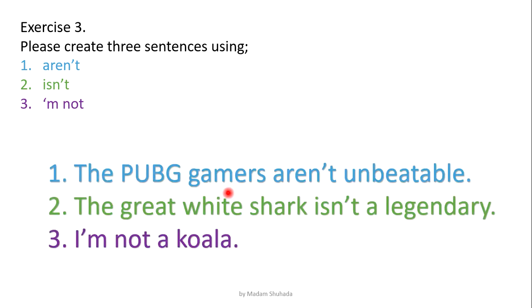The PUBG gamers aren't unbeatable. Again we use are not because the subject is plural. Second, the great white shark isn't a legendary. Third, I'm not a koala. Very obvious. I'm not a koala, but I am a person. I am a teacher. And you guys are students.